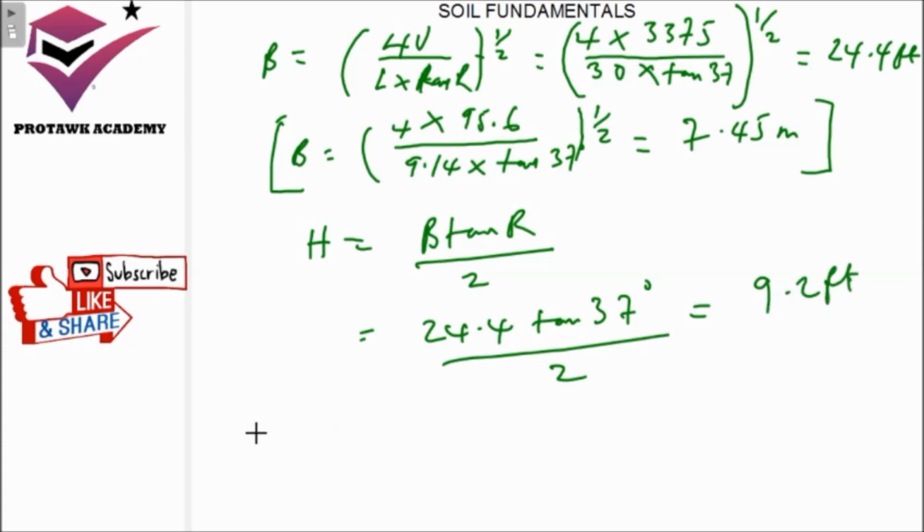And if we are doing that in meters, we got B as 7.45 tan 37 degrees over 2.